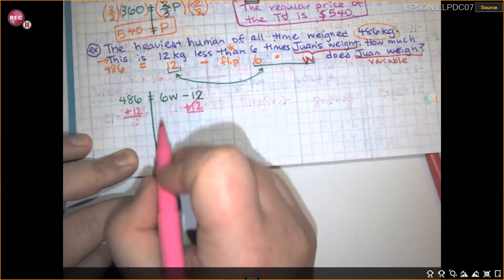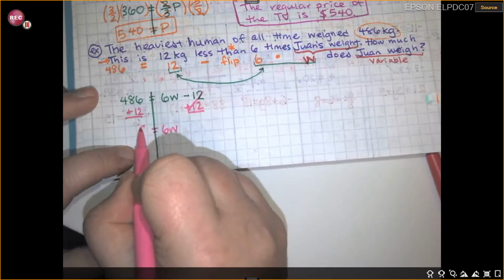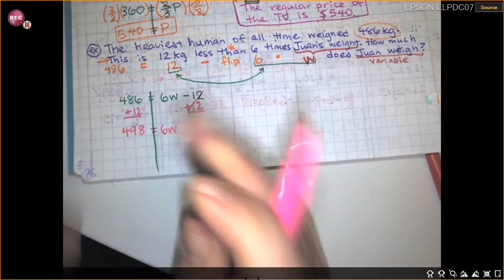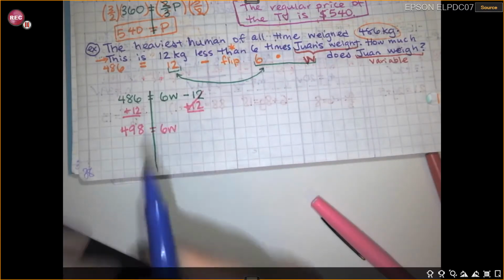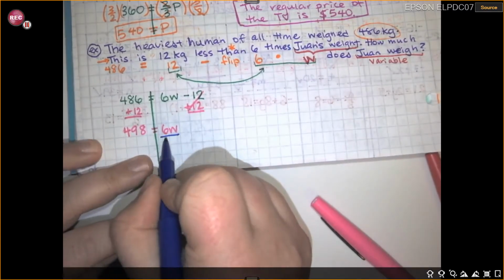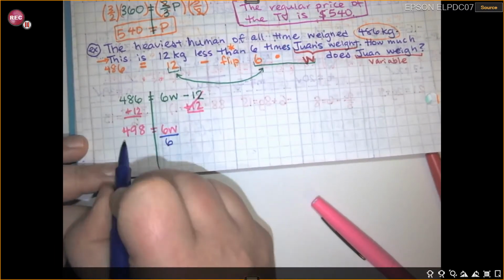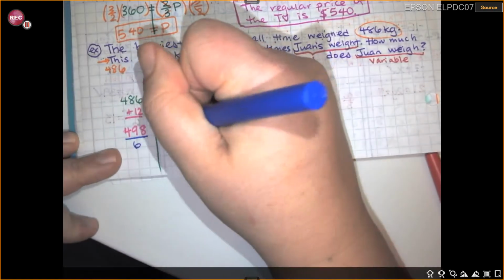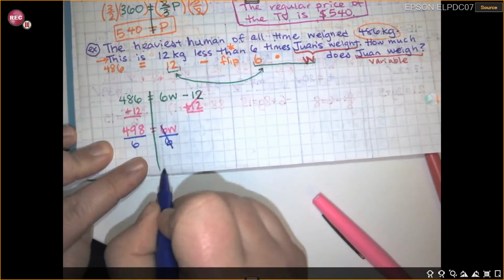Now we just have 6W equals 498. Then, next step, we divide by this, because 6 and W means multiply. To undo that, we divide. Okay, so the 6 and 6 divide to be 1. Those are gone. They undo each other.